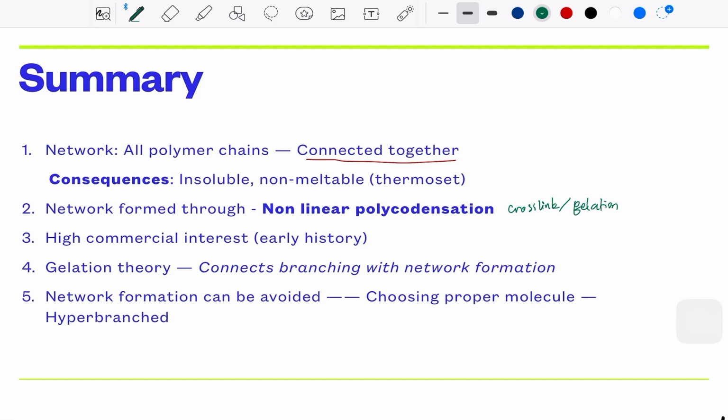And then lastly, we can avoid the network formation by choosing the proper molecule, or the hyperbranched polymers, or the dendrimers, okay? And then we can suppress the gelation. We can suppress the gelation.